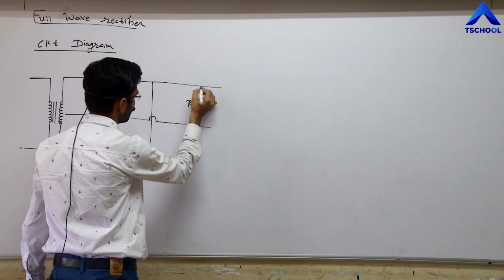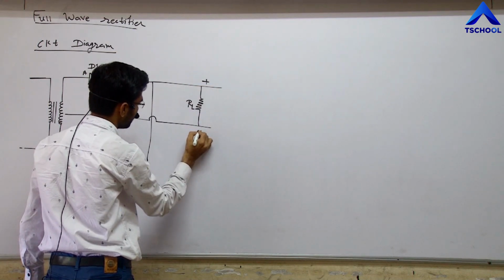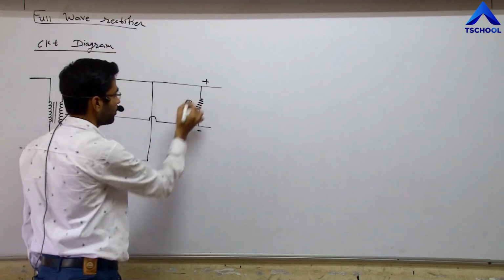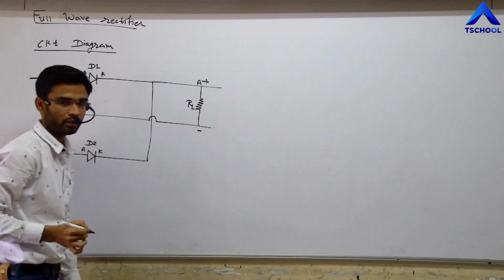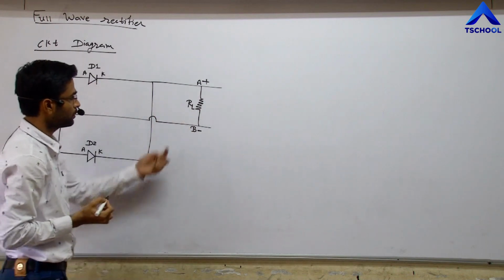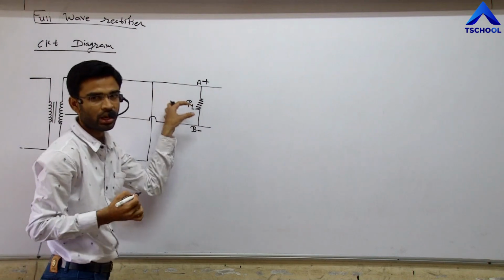Here are the positive end and the negative end of the load resistance, point A and point B. Through RL we can take the output.